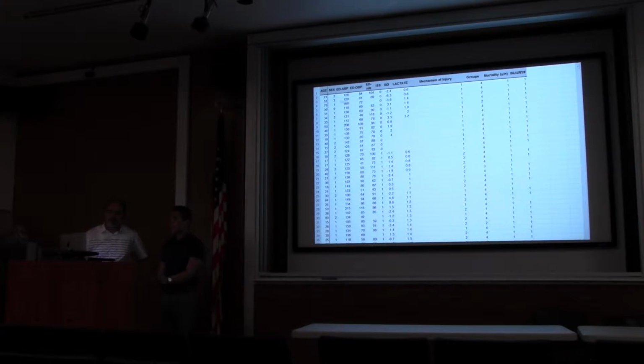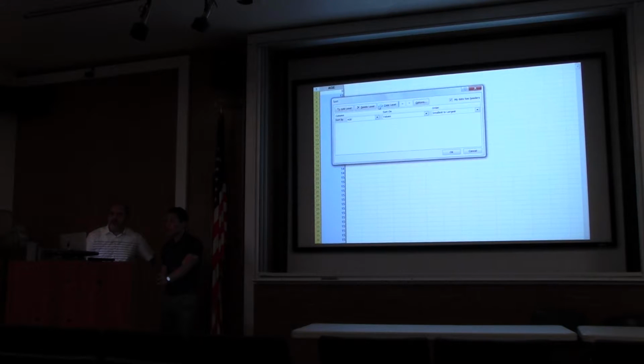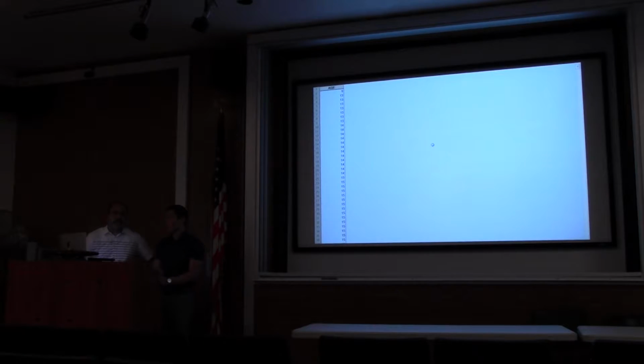So the first thing that you do when you have a set of data, let's take age for now. Andrew talked about outliers, right? So the first thing you do, you sort your data to make sure there are no errors in your data set. Here, age starts at 9 and goes all the way to 95.